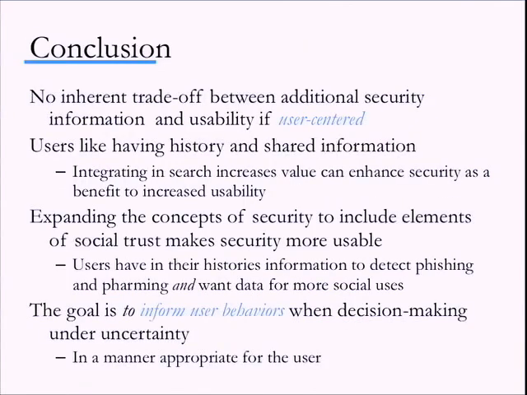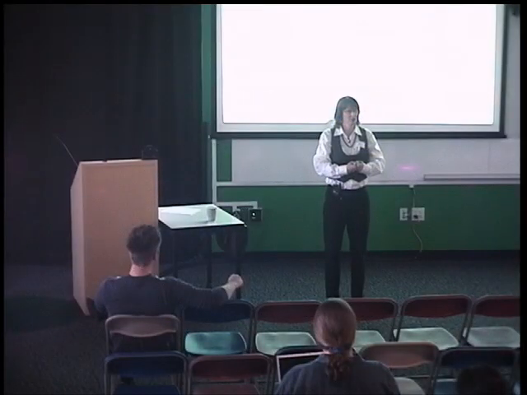So the thing we really want to conclude here is that there is no trade-off between security and usability to the extent that you think about the design as being user-centered. The trade-off between usability and security comes from two things.